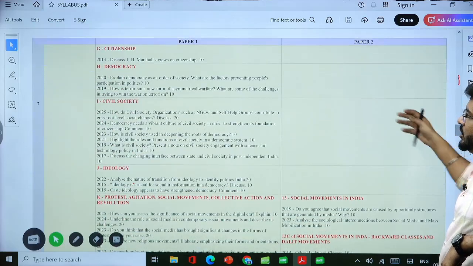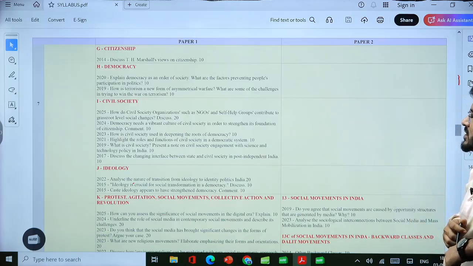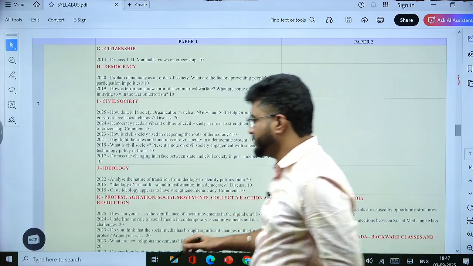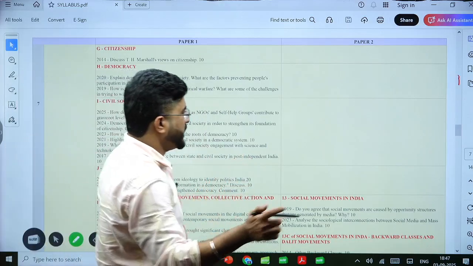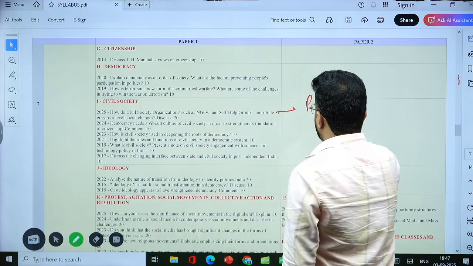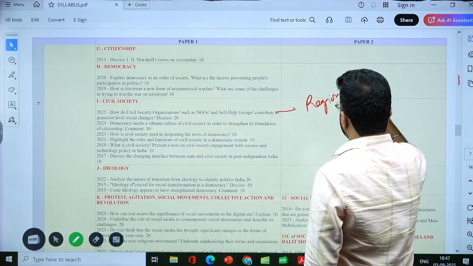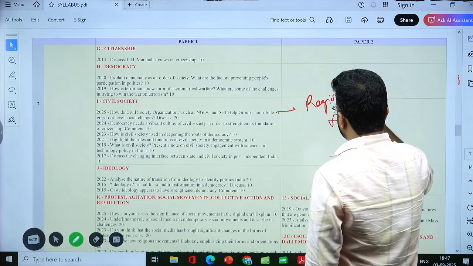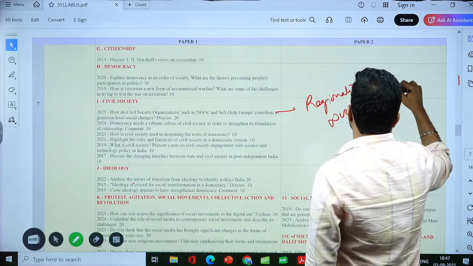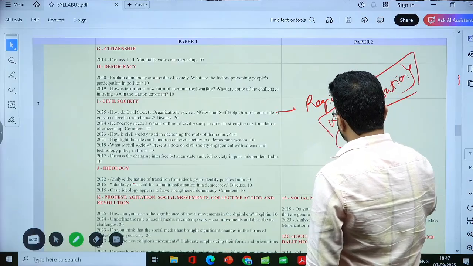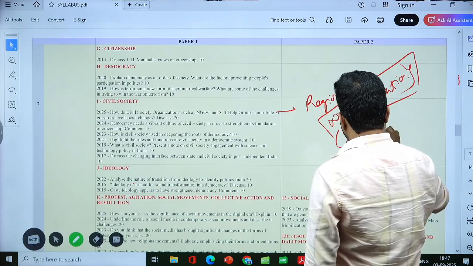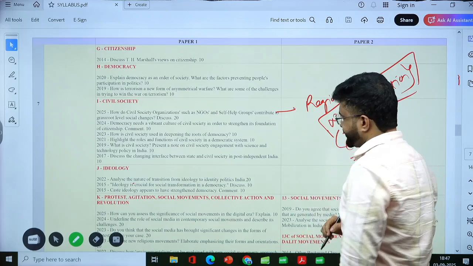Okay. 2025: how do civil society organizations such as NGOs, self-help groups contribute to the grassroots levels of social change? Discuss. This is nothing but related to paper 2, where in Politics of Society we have a section known as Regionalism and Decentralization, where we read about the importance of civil societies and self-help groups in decentralization.